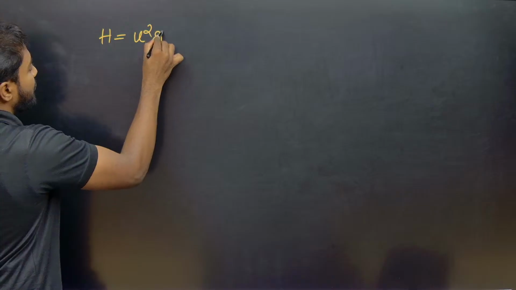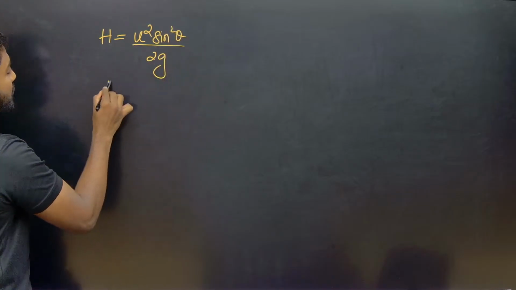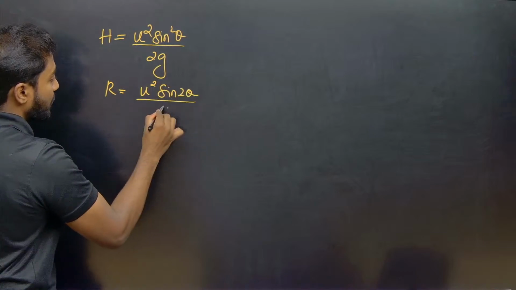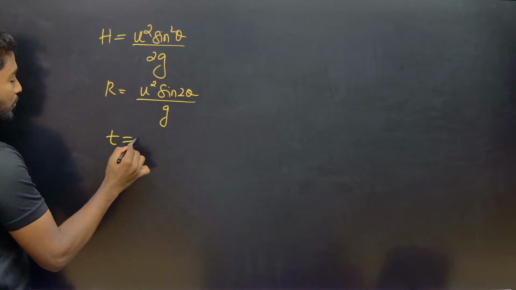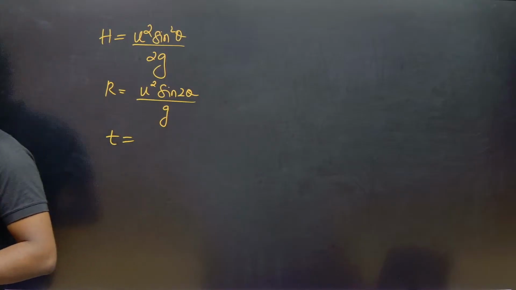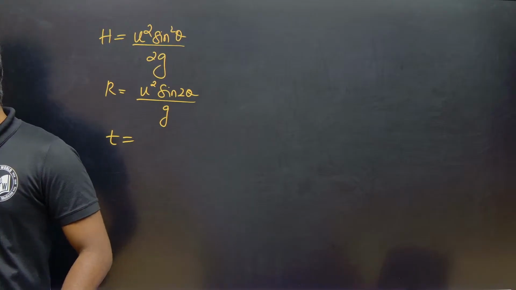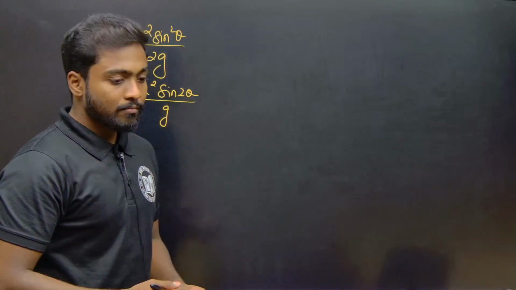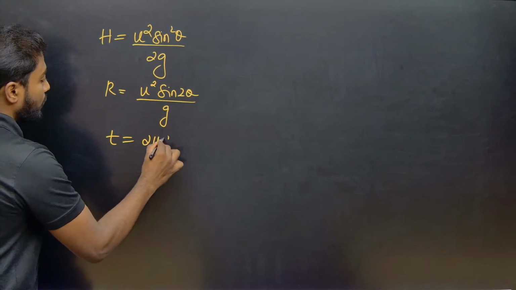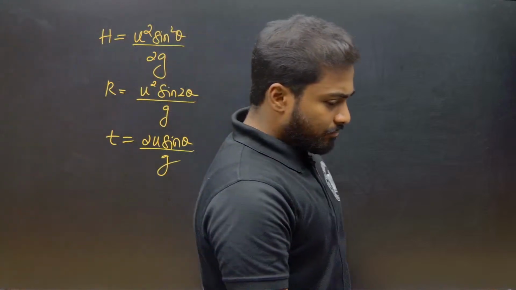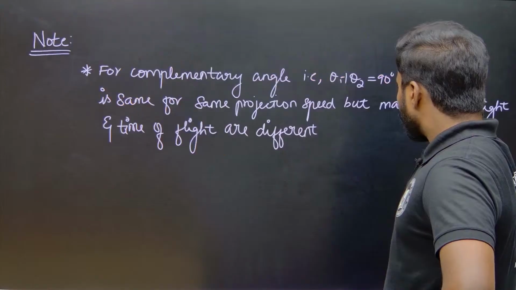H is equal to u square sin square theta by 2g, and range is equal to u square sin 2 theta by g, and then time is equal to 2u sin theta by g, right? Okay. Now we will go for the questions.